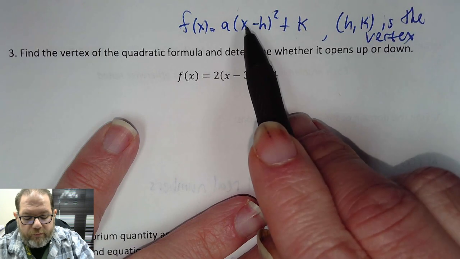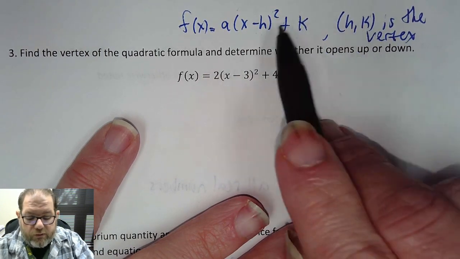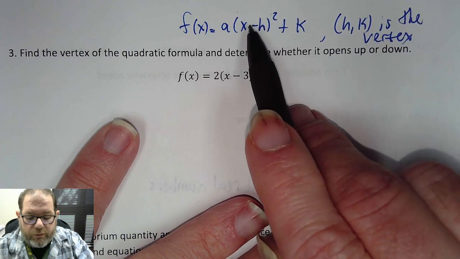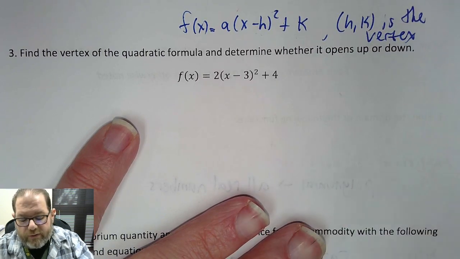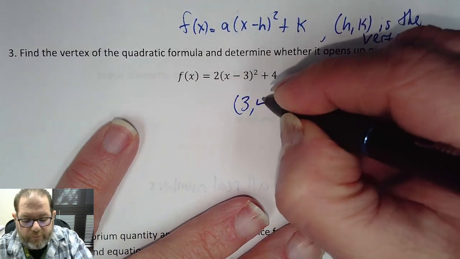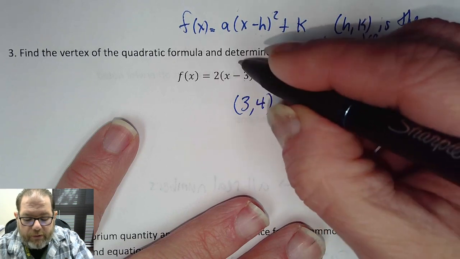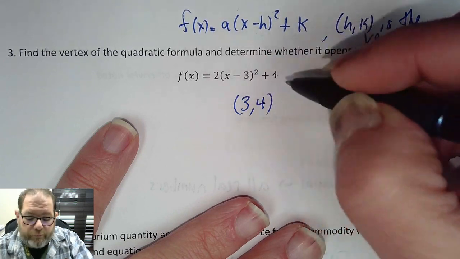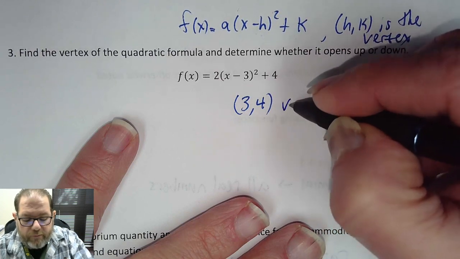Now, if this is x minus h, notice this corresponds to a positive h. So whatever number we see here, this is actually the opposite. K is just k. That stays the same. So our vertex in this case is (3, 4), the opposite of the 3. Essentially, this is the number that makes the parentheses equal to 0, if we want to think of it that way. And then the 4 is just by itself. That's our vertex.